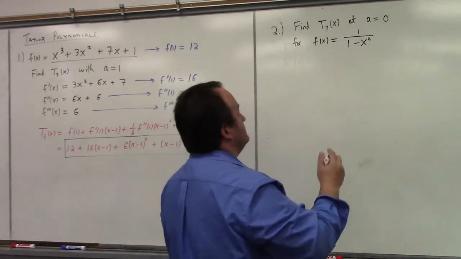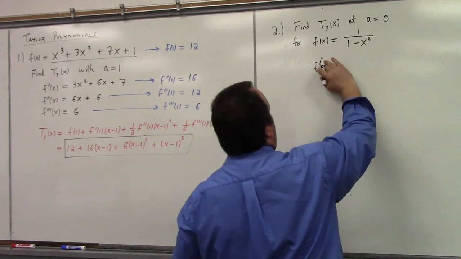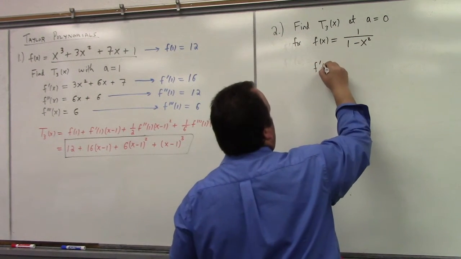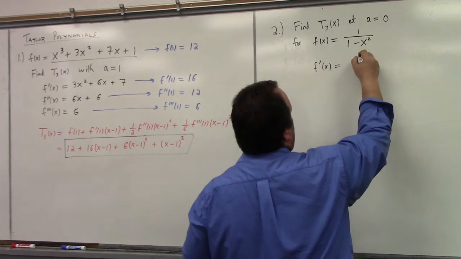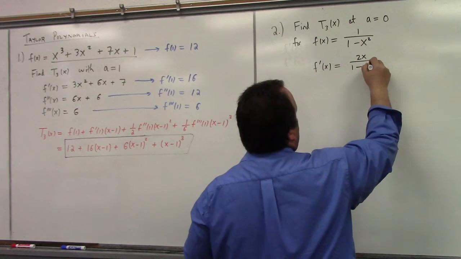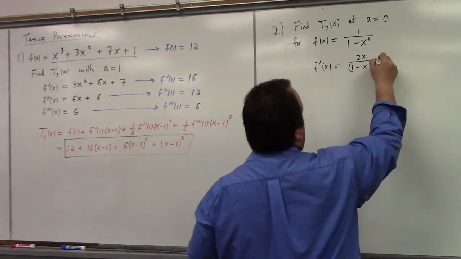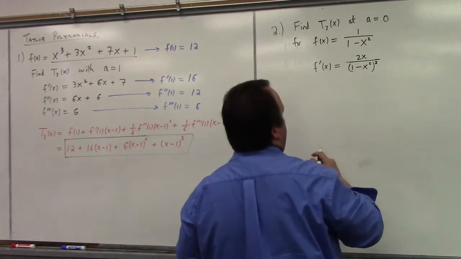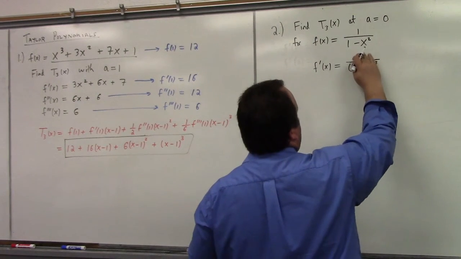Okay, so what's f prime of x? We've got a 2x over 1 minus x squared, right? And so technically, fine, let me do it this way.